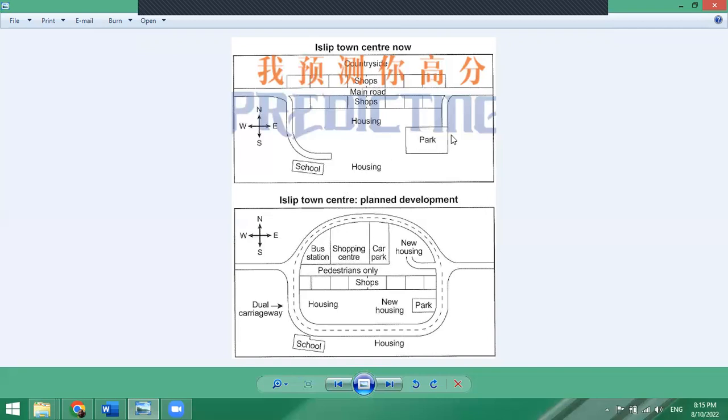The car park was 1 large car park to the southeast of the city center. Now we have only a smaller car park here, which is farther down, farther south part of the city. So these are the most important changes here.